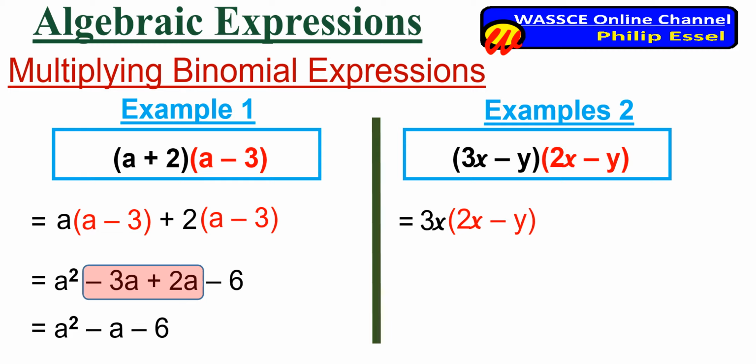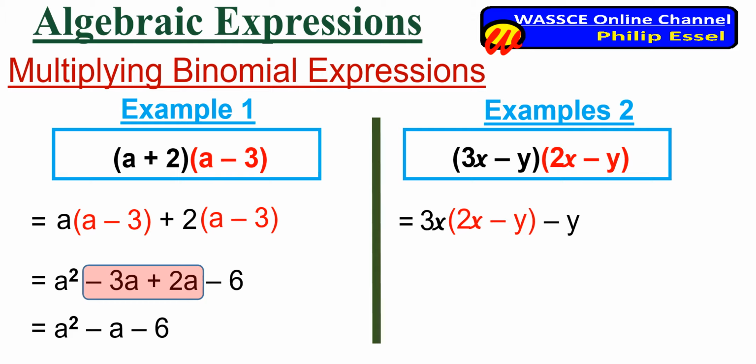We would then write the second term of the first expression. The second term of the first binomial expression is negative y, so we would write negative y. Then we would write the whole of the second binomial expression, 2x minus y all in brackets.